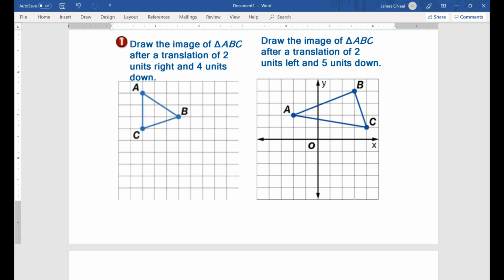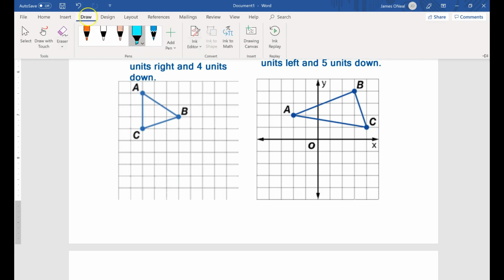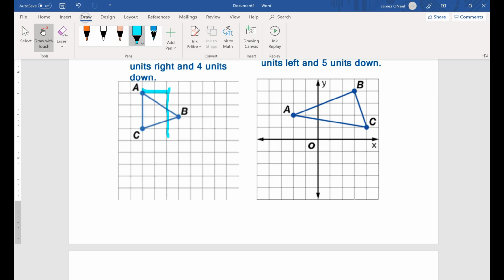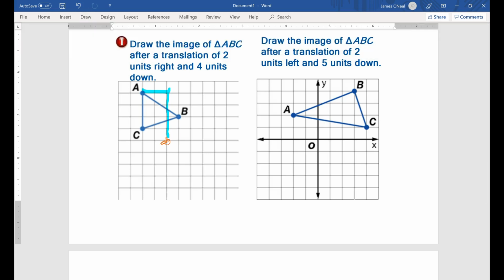So I'm going to take A and go 2 to the right and 4 down: 1, 2, 3, 4 down. And I'm going to give it a new point. The new point will not be A, it's going to be A prime. All right, so that's A prime.